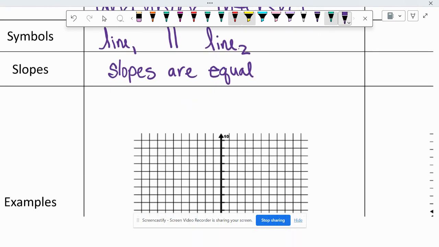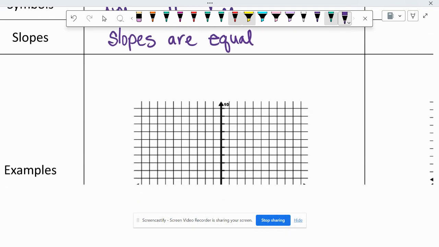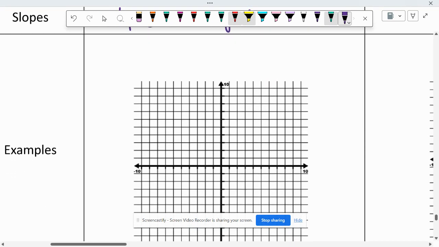So it asks for an example. So I'm just going to make up two equations. I'm going to say that line 1 is the equation y equals 1/2 x plus 3.